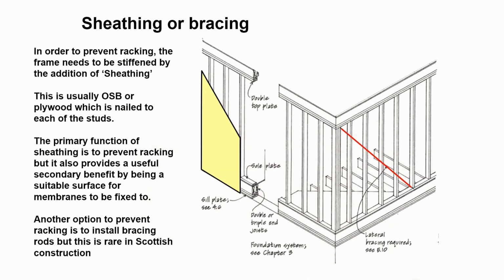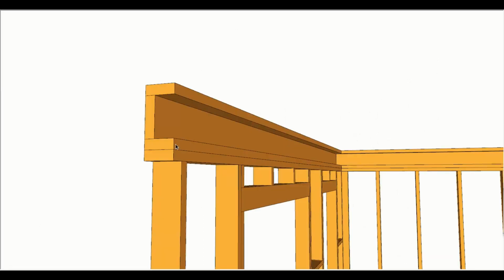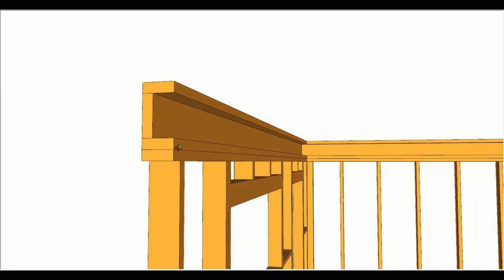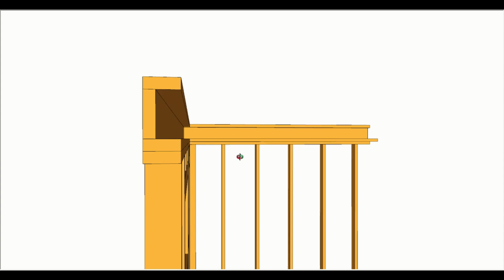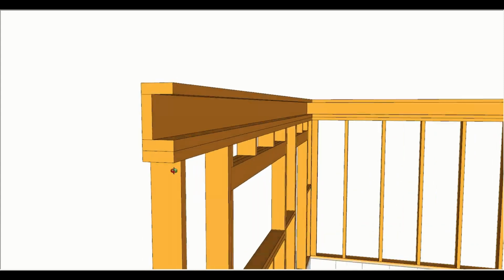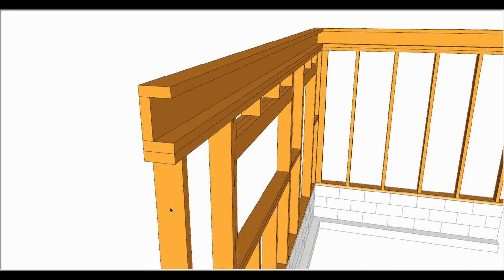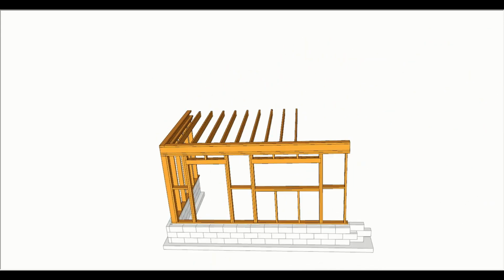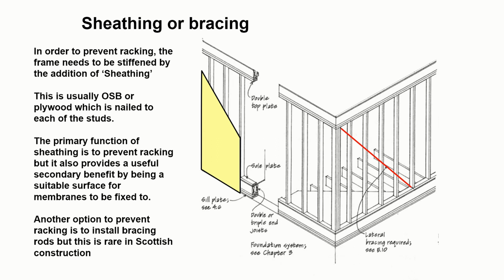I think if you've got to lecture 9, you're probably thinking that every single lecture I'm talking about mentions racking, and this one's no different. It is a problem that needs to be solved with timber framing, and the primary way to prevent racking in a timber frame is to install sheathing boards. So that would be OSB, which is oriented strand board.